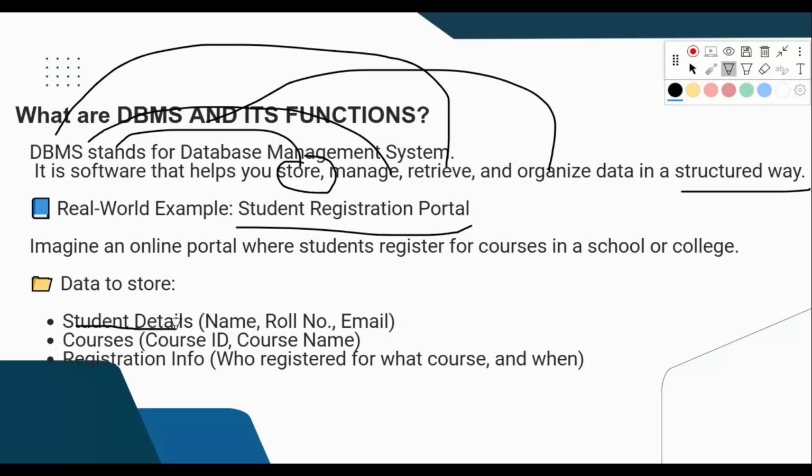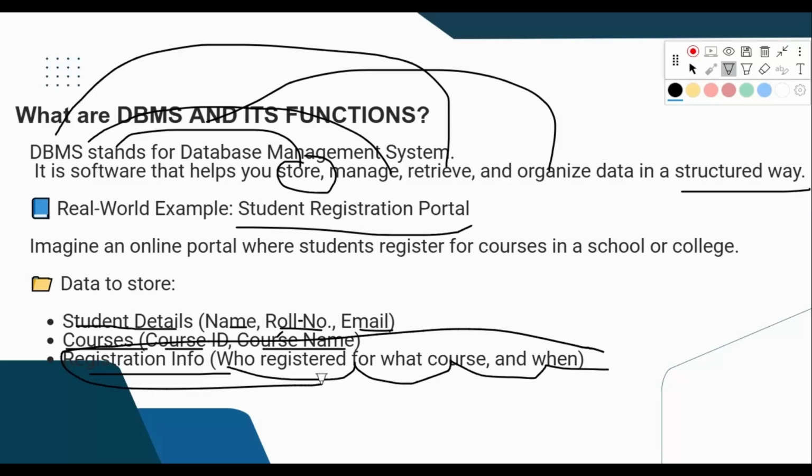Here I have the student details where they enter the name, roll number, and email. Then the courses: course ID, course name. Then registration info: who has registered, for what course, and when. All these things will keep track of our student info.